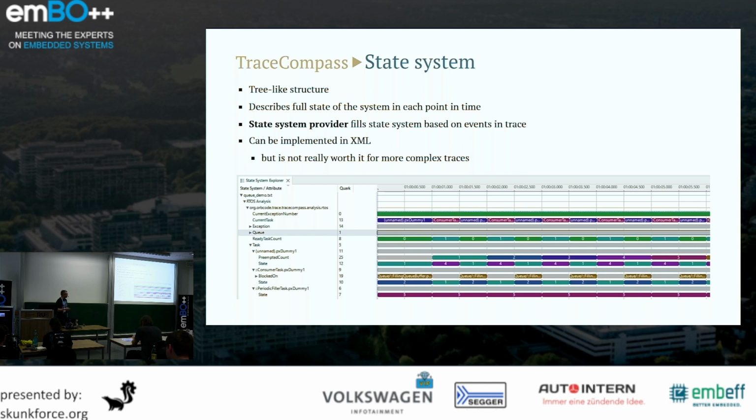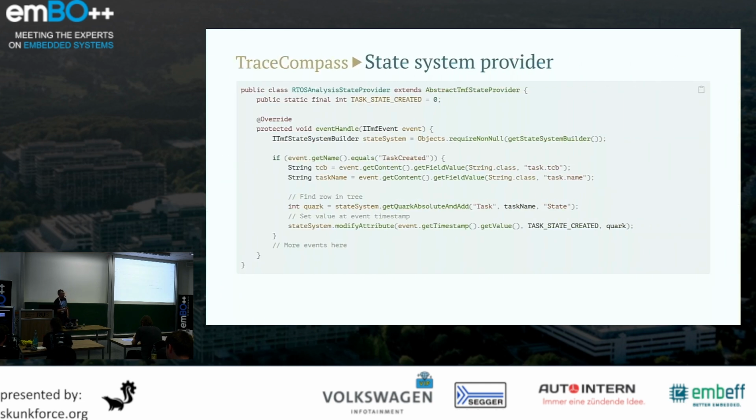So I would recommend going into Java, sorry. I know you didn't expect Java at an embedded conference. But it's not the most complicated part, it's just finding out how to create a TraceCompass plugin, which is not that well documented.